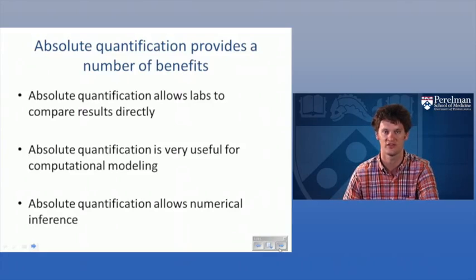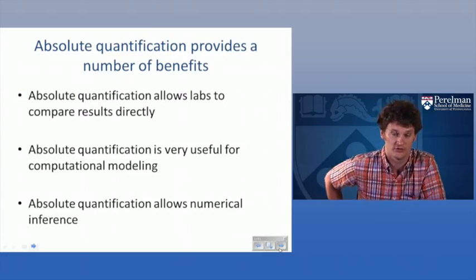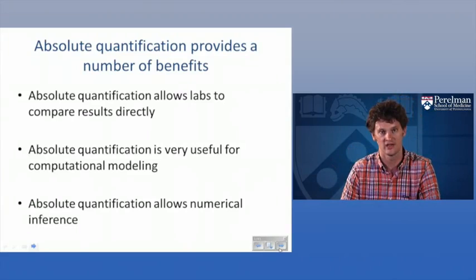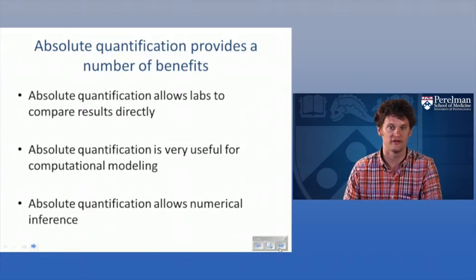Although, of course, it's important that the experimental method be comprehensive and sensitive enough. It's really useful for computational modeling, and I'll show an example of that towards the end of the talk, in the understanding of transcriptional mechanisms and transcriptional noise. And it allows really numerical inference.